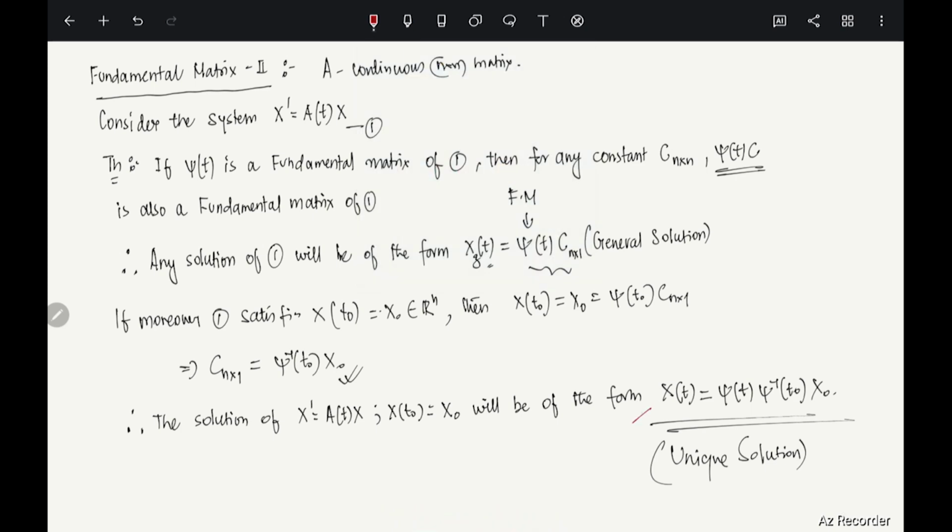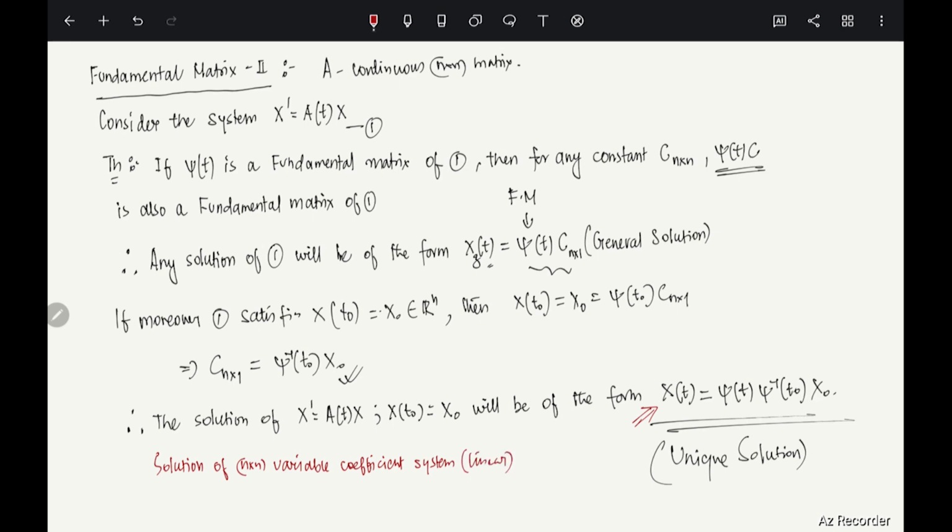This one here is the solution of an n cross n variable coefficient linear system, of course, linear system.